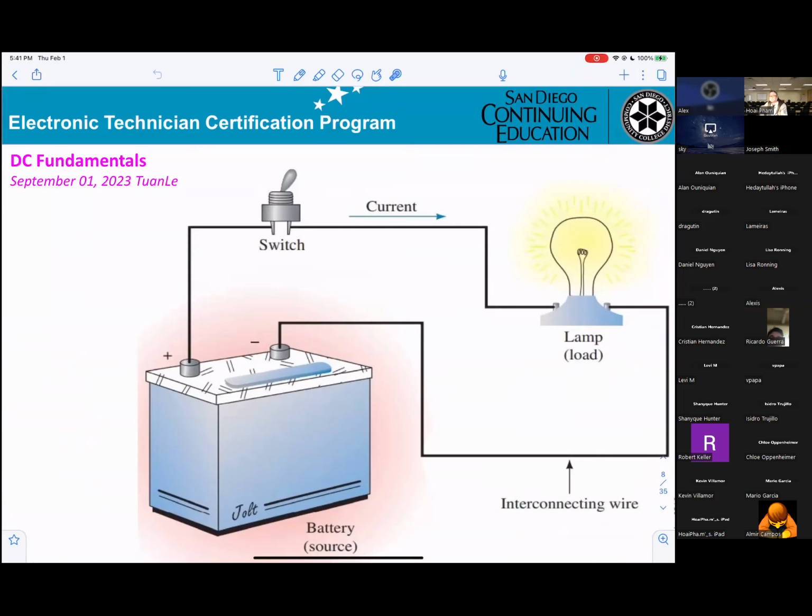Now, try to see how the DC power works. This is your car battery. They connect it to the headlight of your car. When you turn it on, the current will be flowing from the positive.